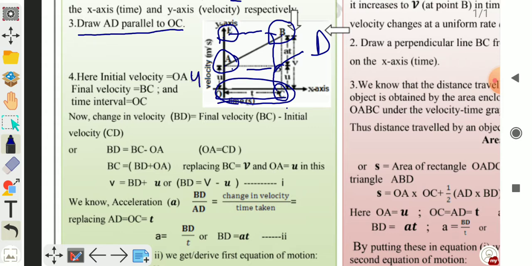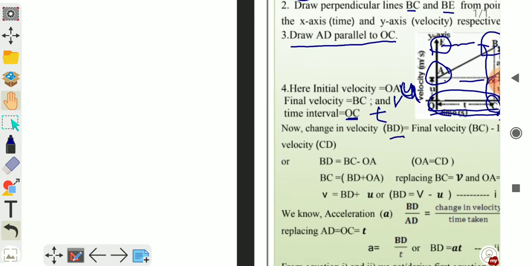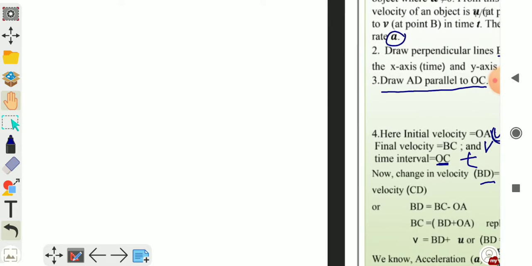U. Final velocity BC is V, and time interval OC means T. BC means final velocity V, and OA means initial velocity U. Now change in velocity is BD. So you can understand by this graph very well.